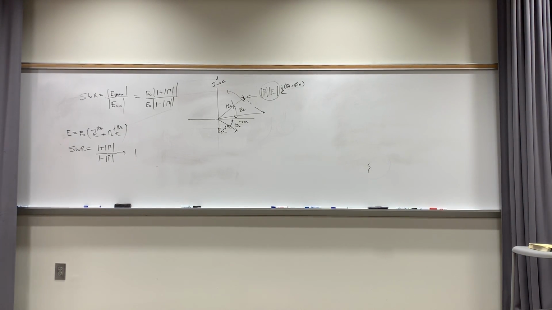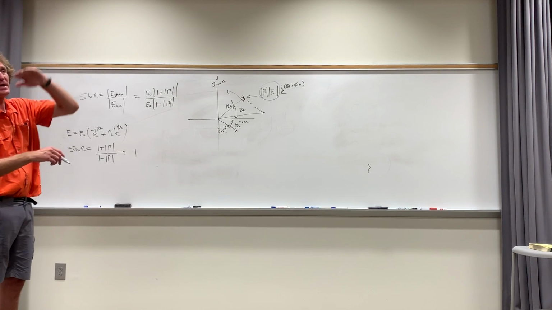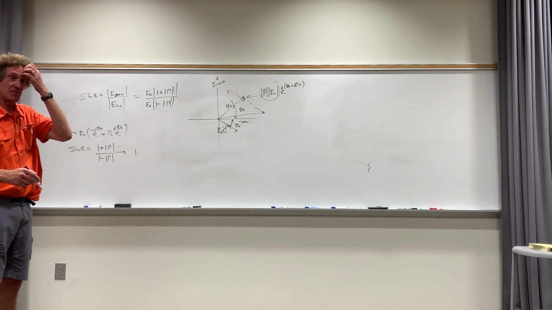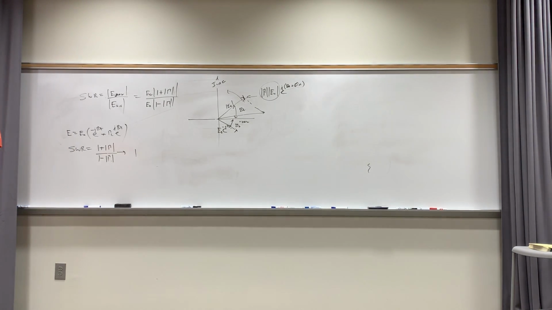Standing wave ratio gives me an idea of the relative amount of peaks and valleys, the size of them. A standing wave ratio of infinity means that in the area where the wave is propagating, there are points in space that have absolutely no electric field, and points that have twice the actual incident electric field magnitude. Think back to transmission lines with SWR. You remember that? All right, so that's important.